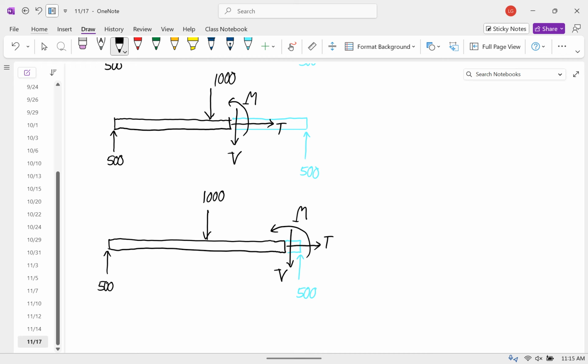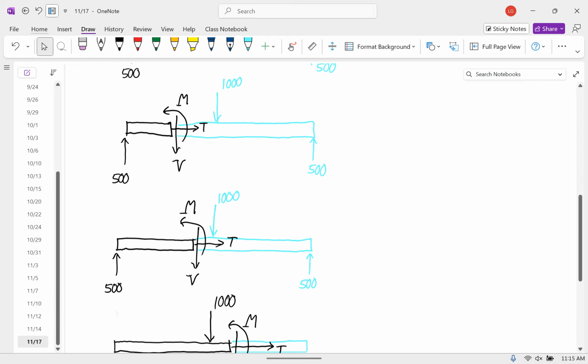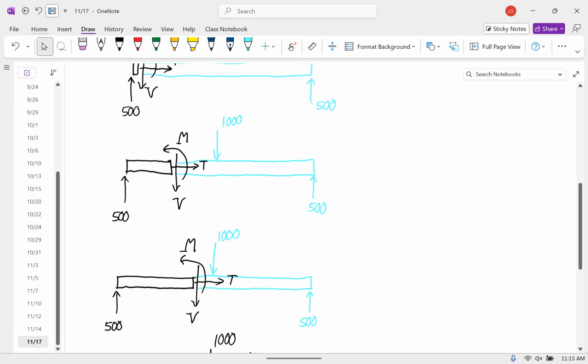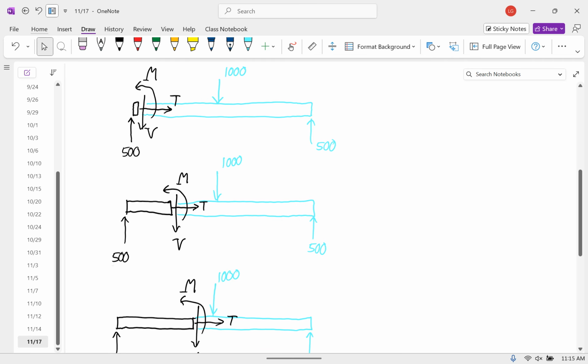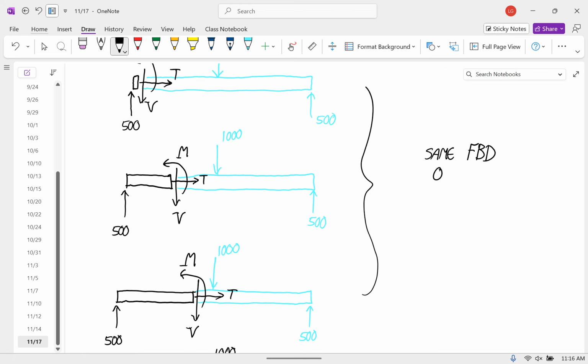Okay, so notice that the first three I did are all qualitatively the same. They have the same loads acting on them. So these are the same free body diagram qualitatively.